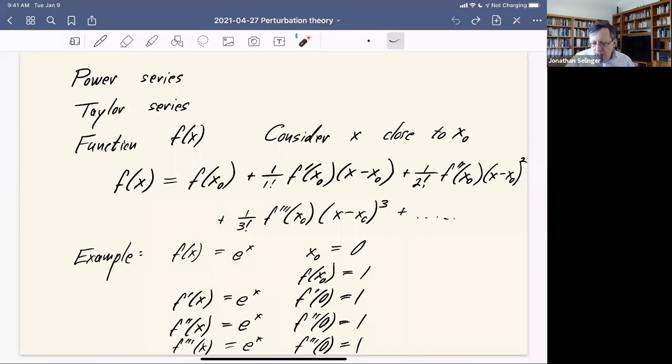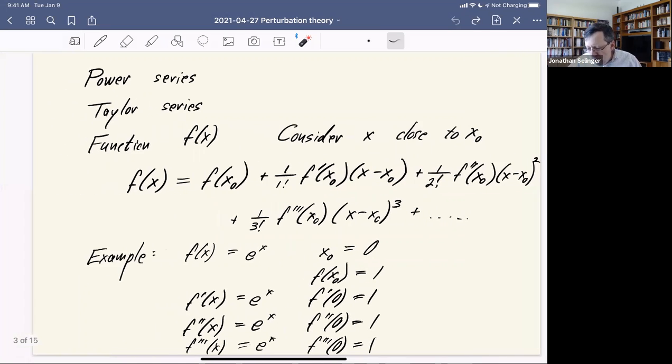If you want a rough approximation, you could just do the 0th order, or maybe 0th and 1st. If you want a better approximation and you're willing to work harder, you can put in more and more terms. So that works for the math problem.